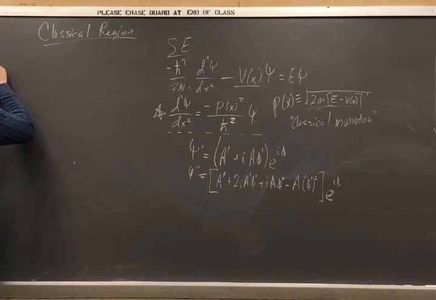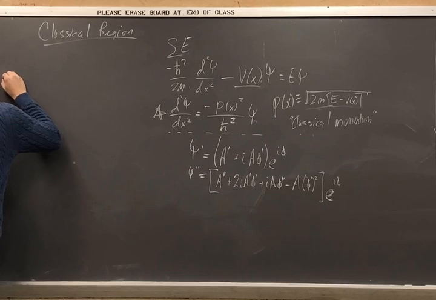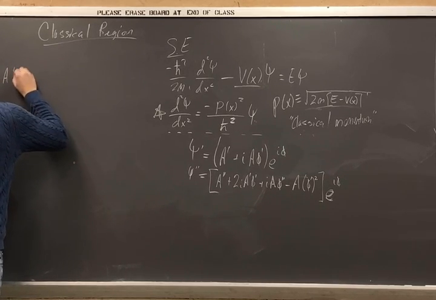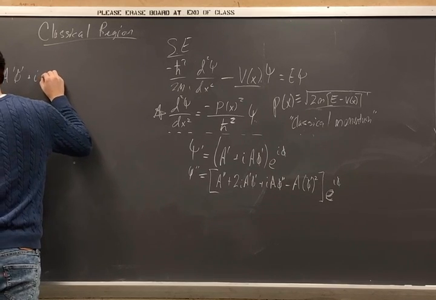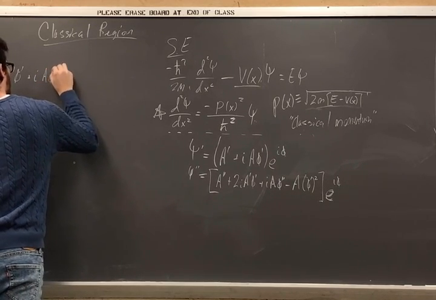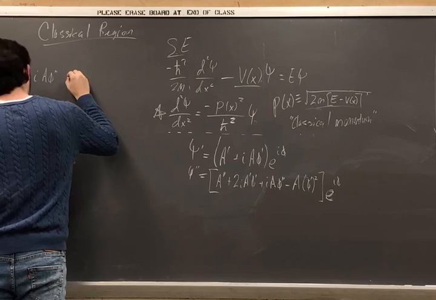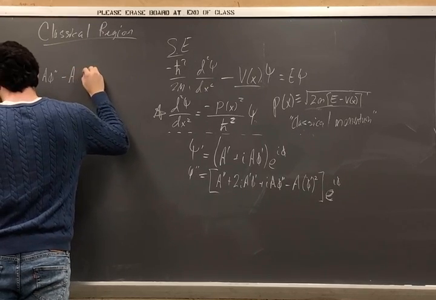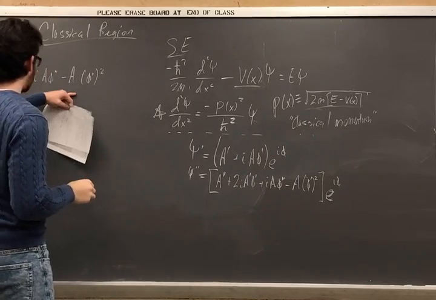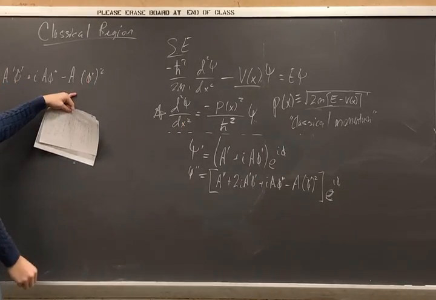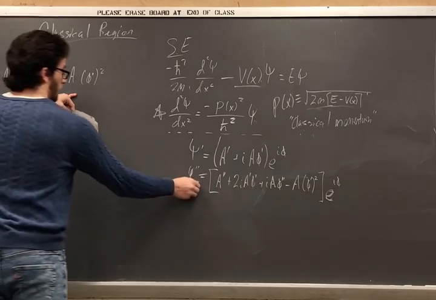Now what do we get? We get a double prime plus 2i a prime phi prime plus i a phi double prime minus a phi prime squared. Now that's our derivative that we found here.